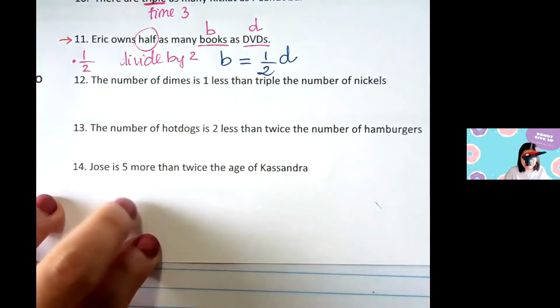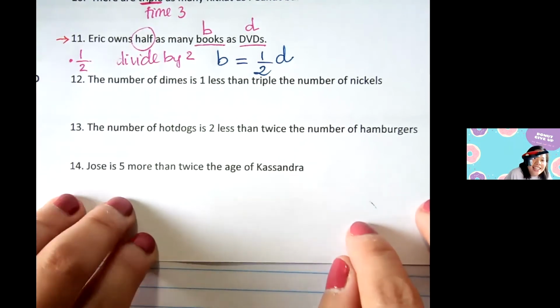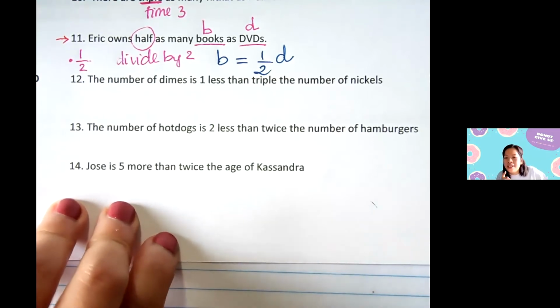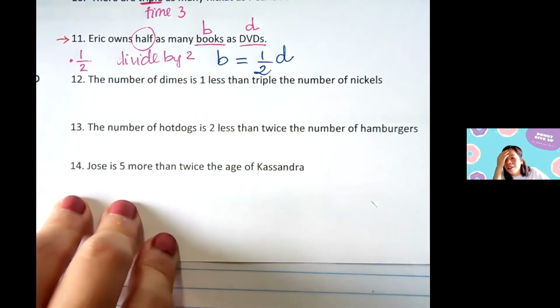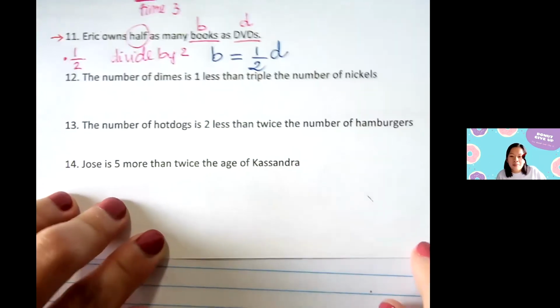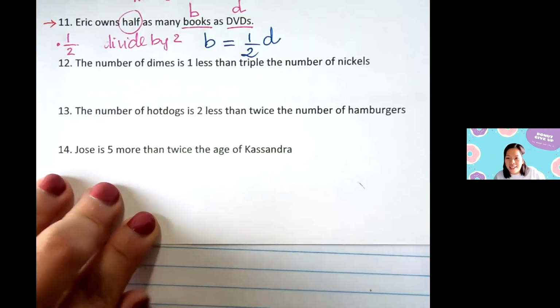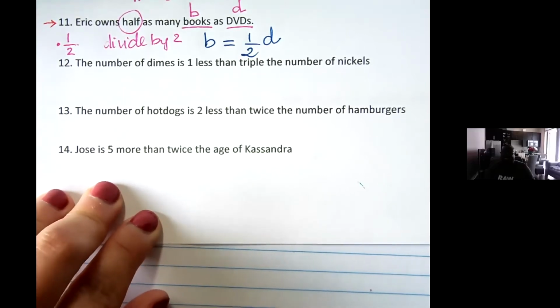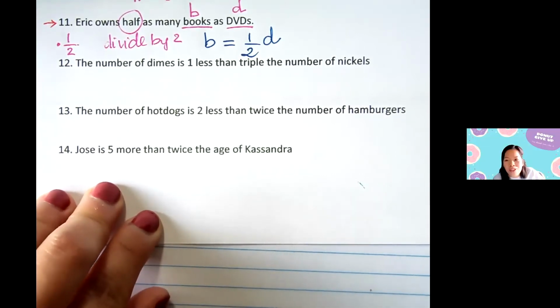You see? Number 13, the number of hot dogs is 2 less than twice the number of hamburgers. Oh, this question makes my head hurt. But let's look at it again. Hello, welcome back to Miss Trando's show.